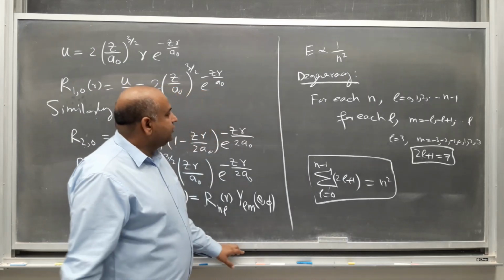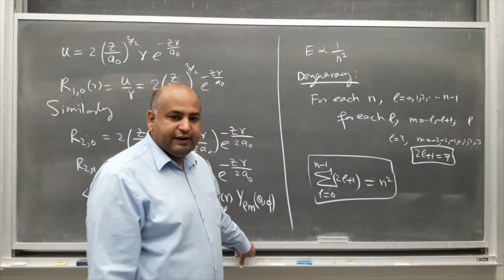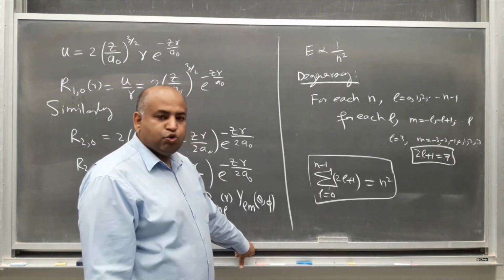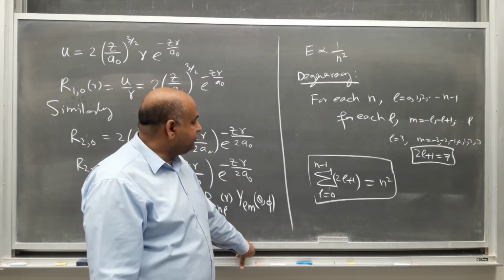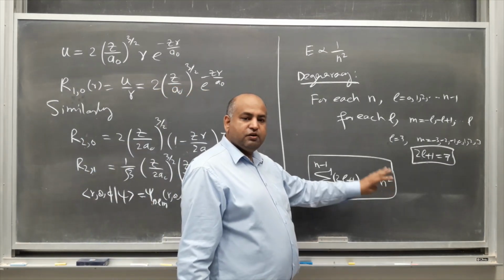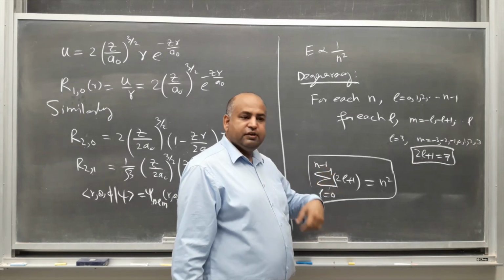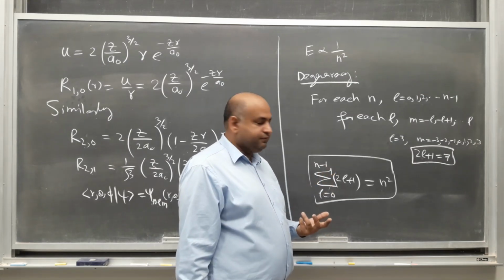So it means that in the hydrogen atom each energy level is n squared degenerate: for n equal to 1 there is 1 state, for n equal to 2 there are 4 states, for n equal to 3 there are 9 states, and so on.